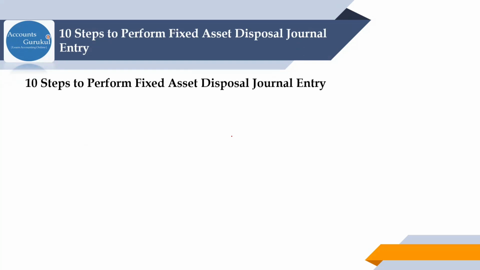So before going to see what steps we have, again, you have to ask yourselves the question, what are you going to follow when you have to dispose of the asset. So the question is in front of you, and you have to visualize in your mind how you are going to dispose of the asset. What are all the precautions you are going to take?